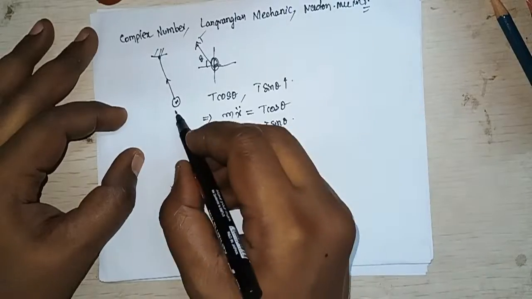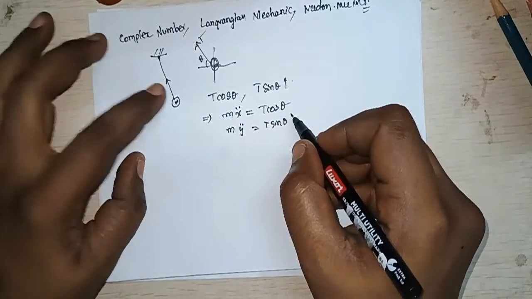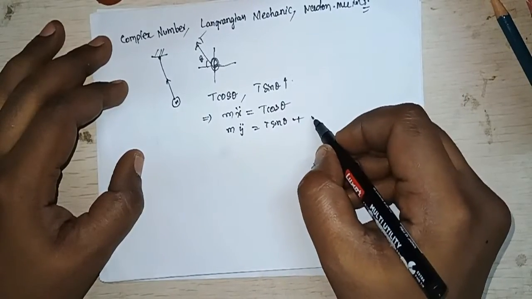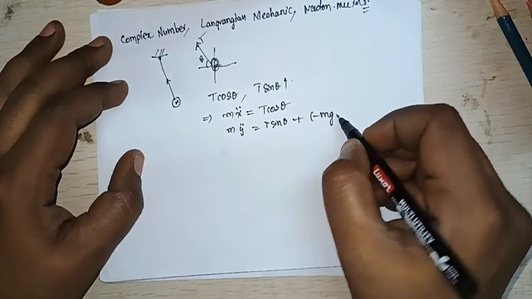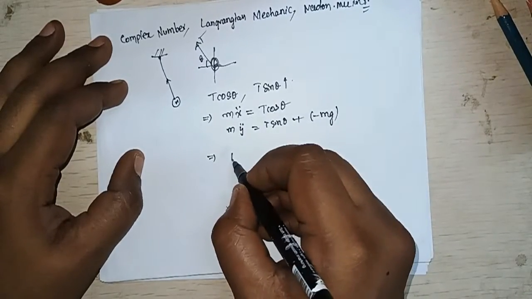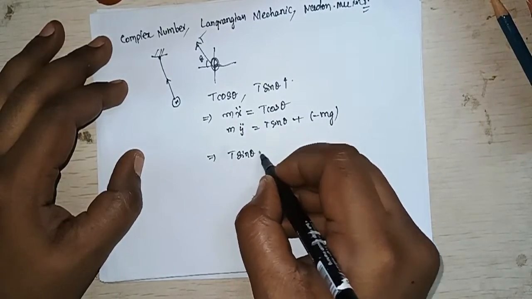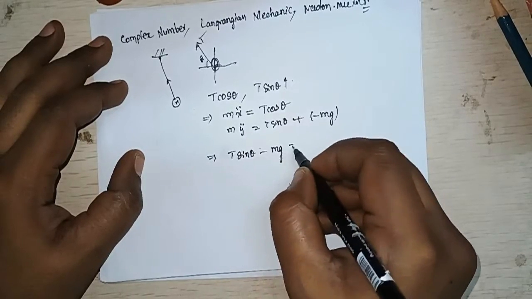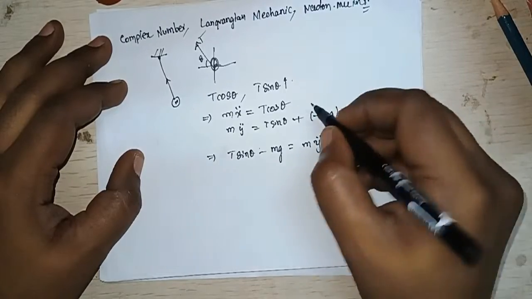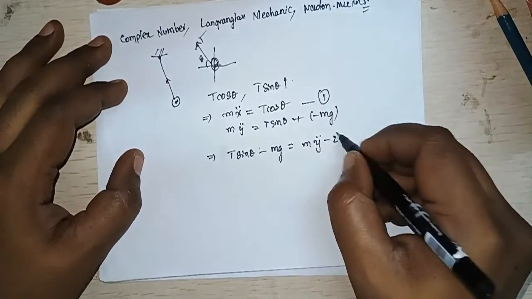In the horizontal direction you might see that there are no other forces, but in the vertical direction you find that minus mg is the force available. So observe this equation: T sin theta minus mg is equal to m y double dot. How many equations did you get? You got two equations.